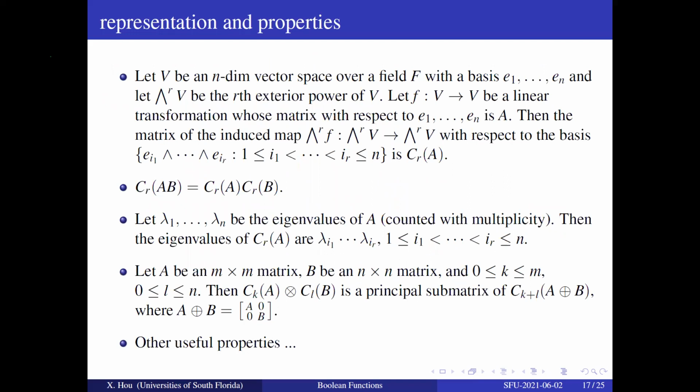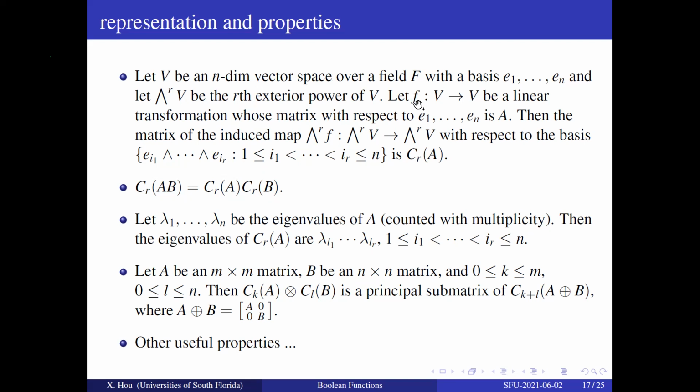As I said, the compound matrix has its origin in the exterior product of a vector space. So let V be an n-dimensional vector space over any field with the basis E1 through En. Let this wedge^r V denote the rth exterior power of V, just like the ones they use in differential geometry.